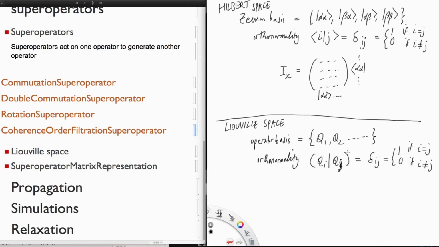But what's the bracket between two different operators? Mathematicians have figured out how to do this. And this construction here, which is called the Liouville bracket, relies on the matrix representations of these operators in Hilbert space.